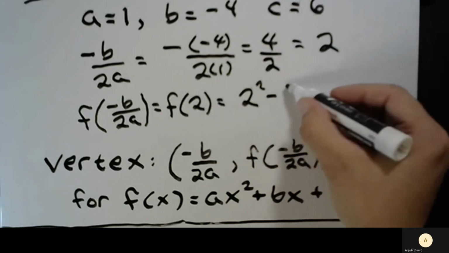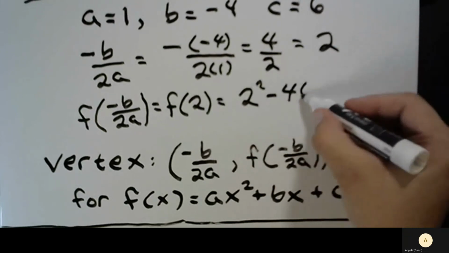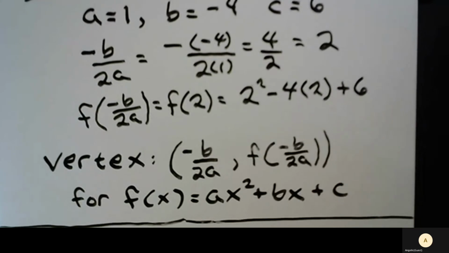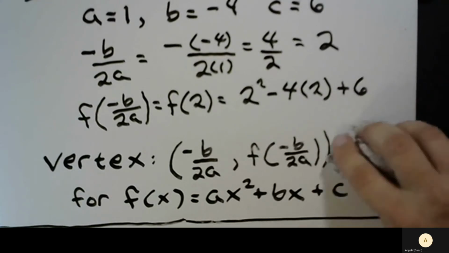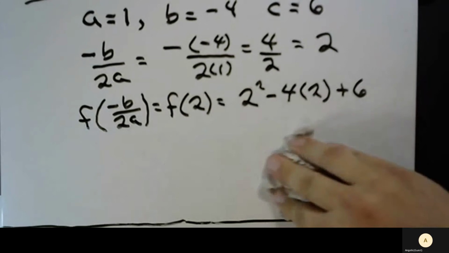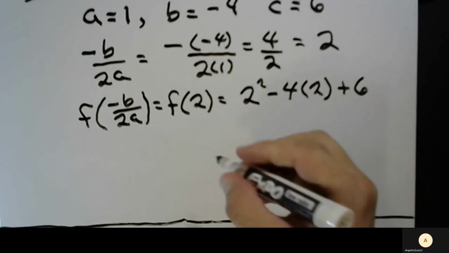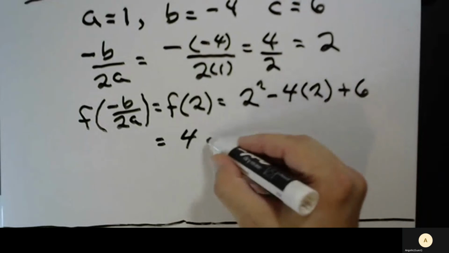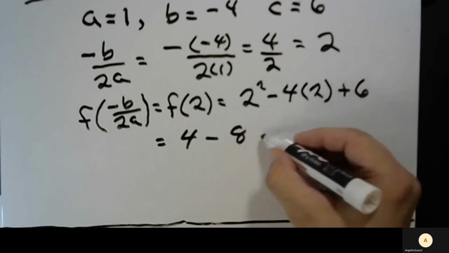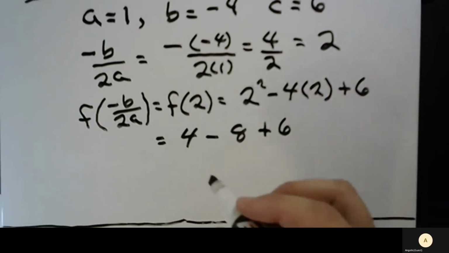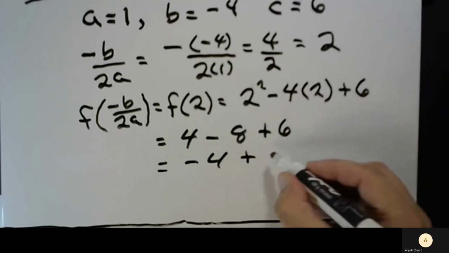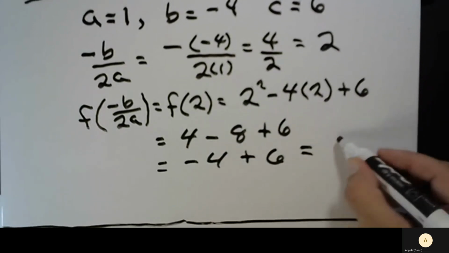2 squared minus 4 times 2 plus 6. We'll get 4 minus 8 plus 6, or -4 plus 6, and again it's going to be 2.